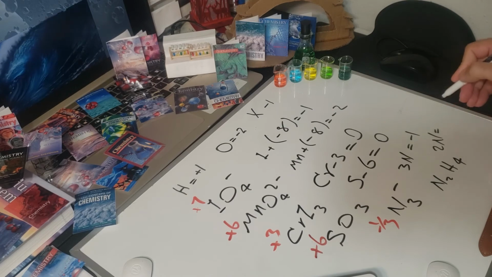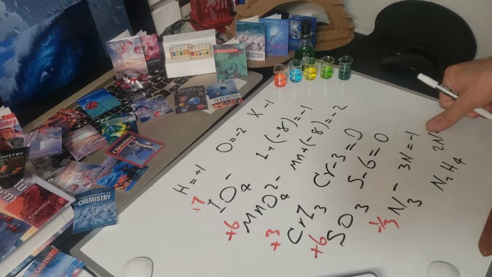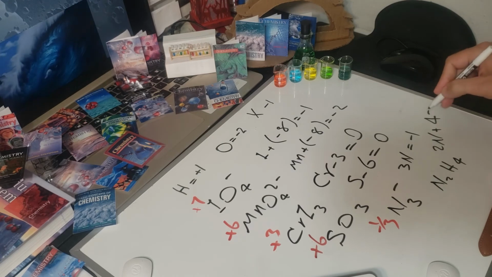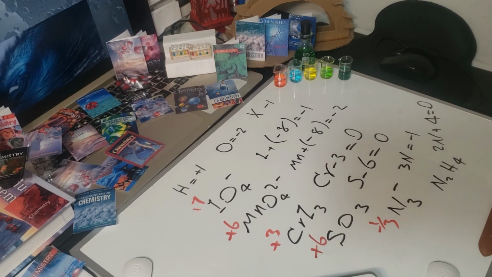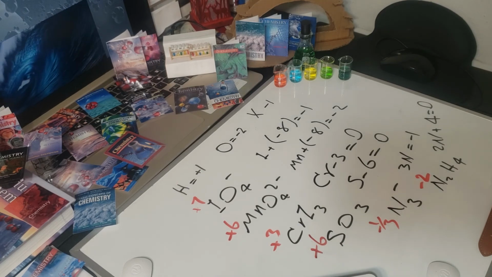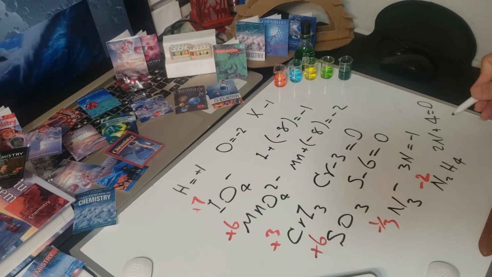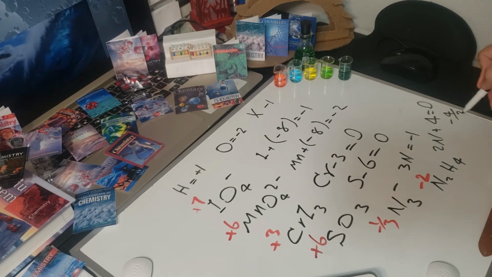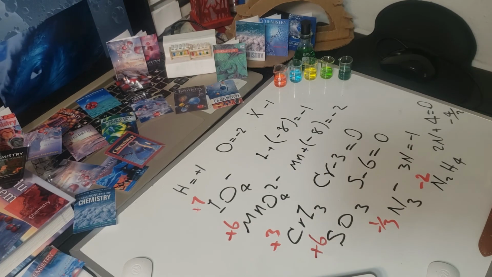For N2H4, 2N plus 4 hydrogens equals the charge, which is 0, and then N becomes -4 divided by 2, which is -2 each, because when the 4 goes to that side it becomes -4, and once it's -4, divided by 2 it would be -2.